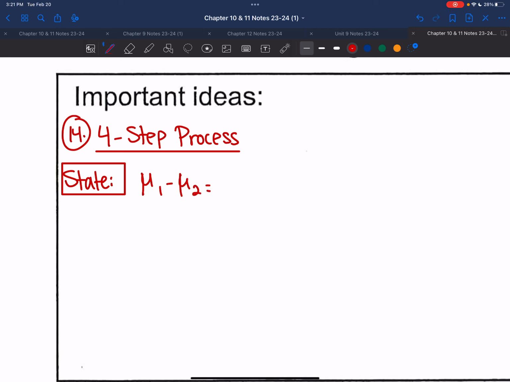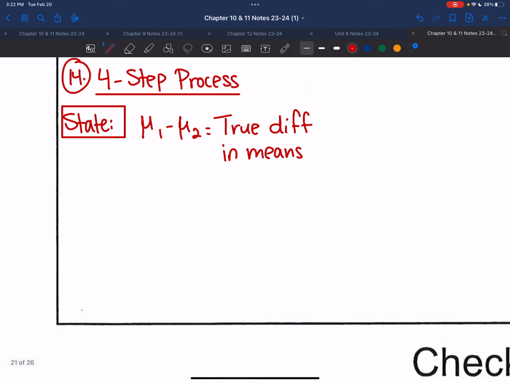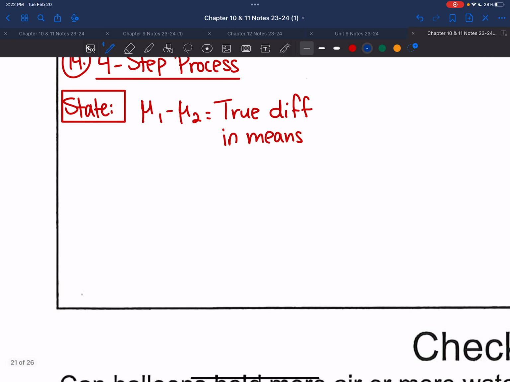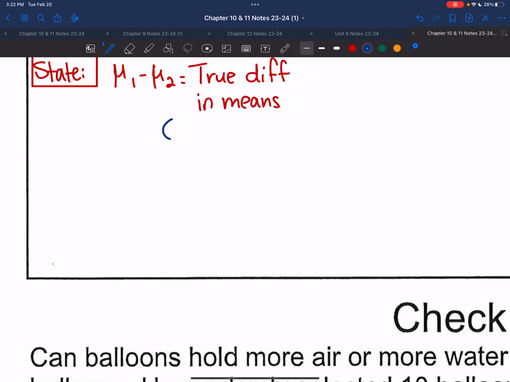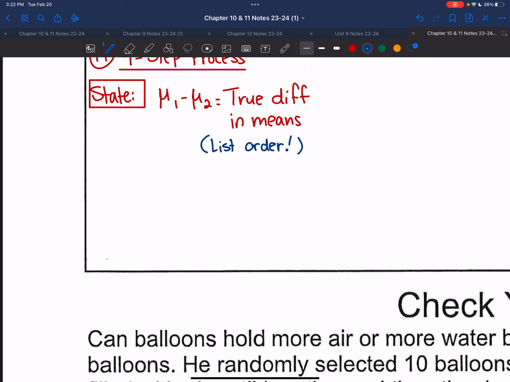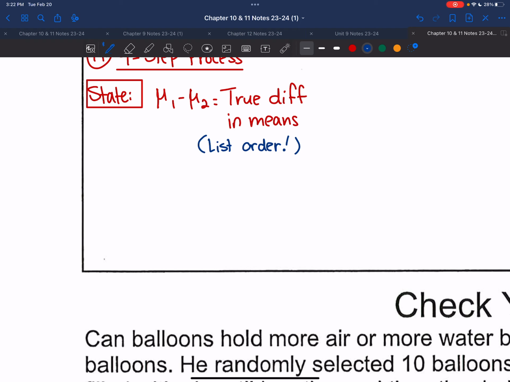This is the true difference in means. You need to list the order. Make sure that you list the order. Tell me, are you doing labeled menus minus non-labeled? Are you doing non-labeled minus labeled? You need to give me a direction that you're doing it with.